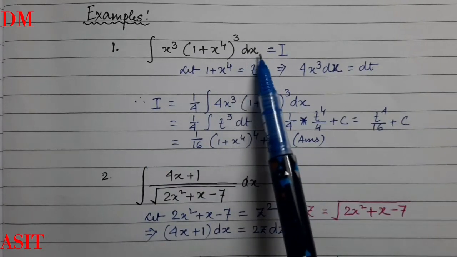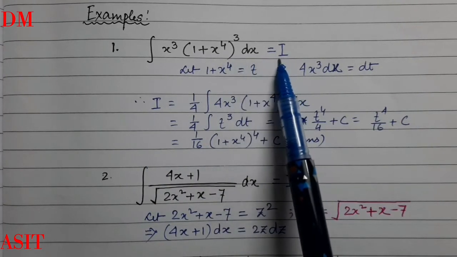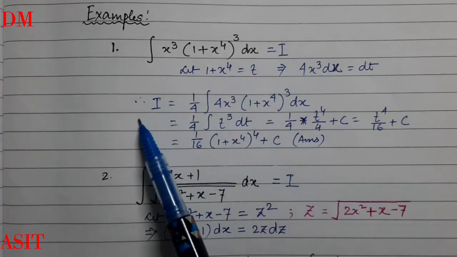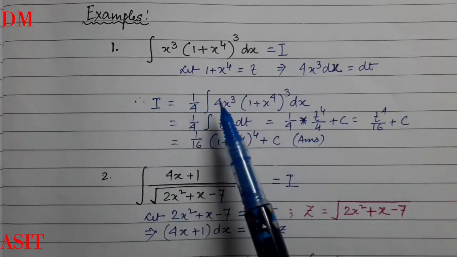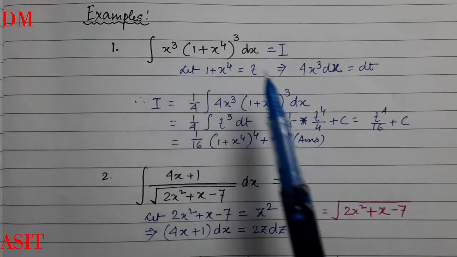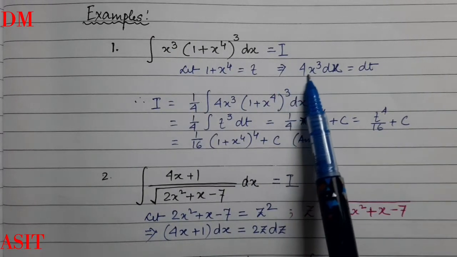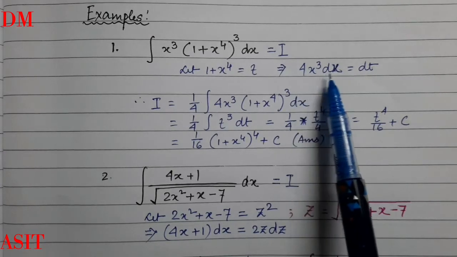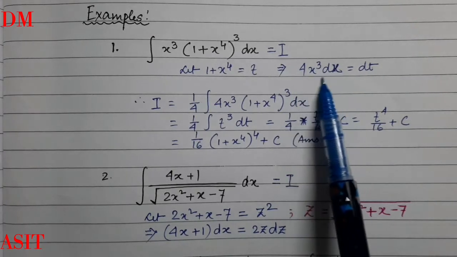Before that I assumed this integration as I. So I can be written as 1 by 4 into 4x cube dx. Here there is no 4, so we need to make it 4, because we need 4x cube dx, then only we can write 4x cube dx as dt.